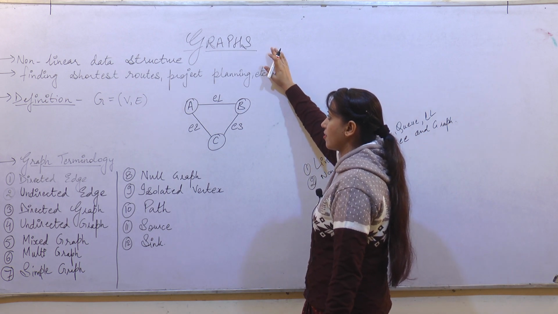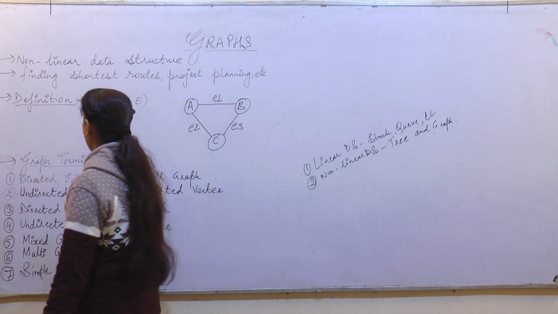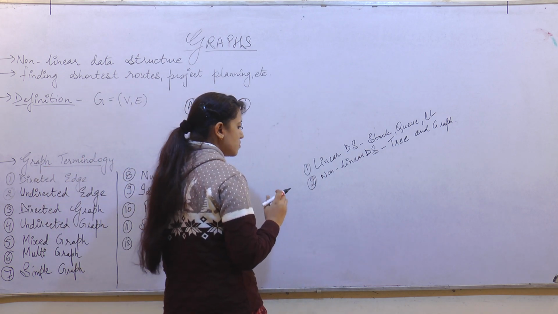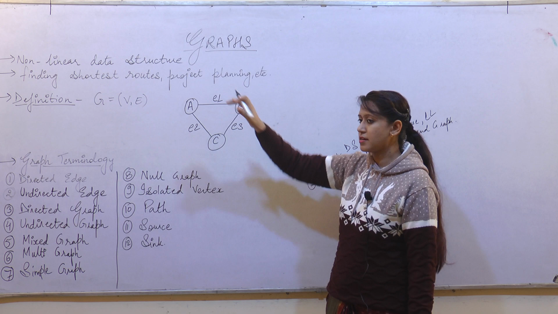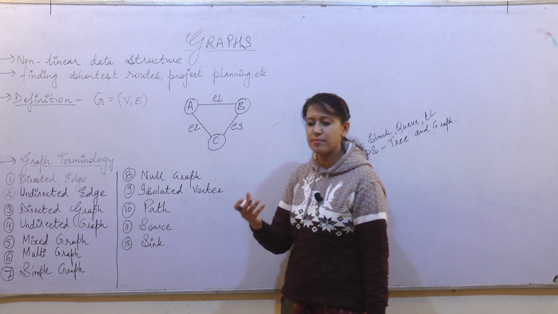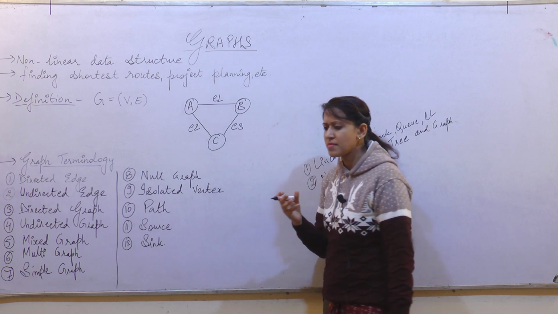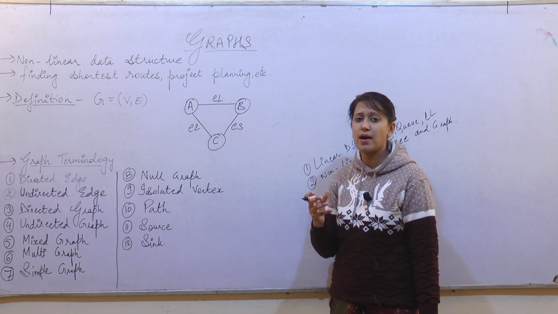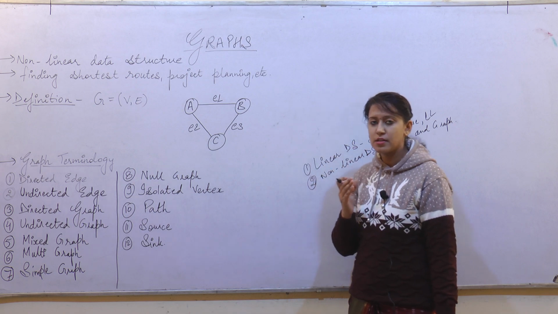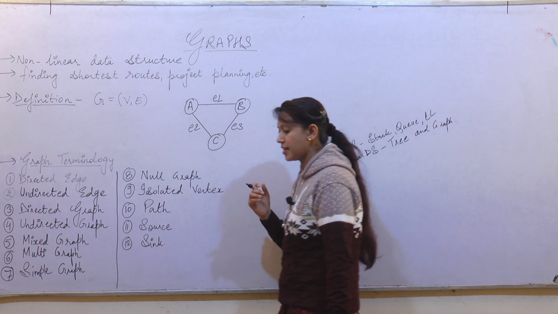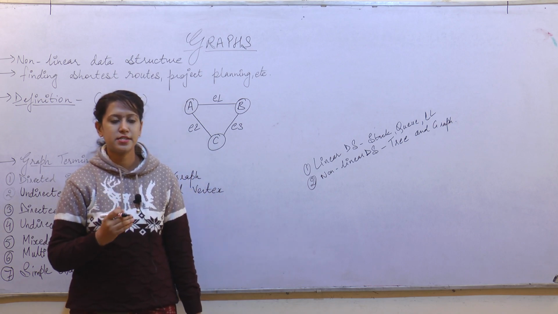Graphs are non-linear data structures, and graphs are mainly used for finding shortest paths, shortest routes, project planning, etc. Project planning here means the kind of projects like highway projects, railway projects, in which we have to take the shortest path to reach from one point to another point, and the starting point is known as the source and the ending point to which we want to reach is known as the destination.